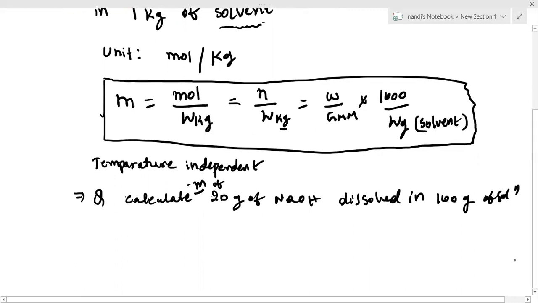Shall we try? Try to understand: calculate molality of 20 grams of NaOH dissolved in 100 grams of solution.